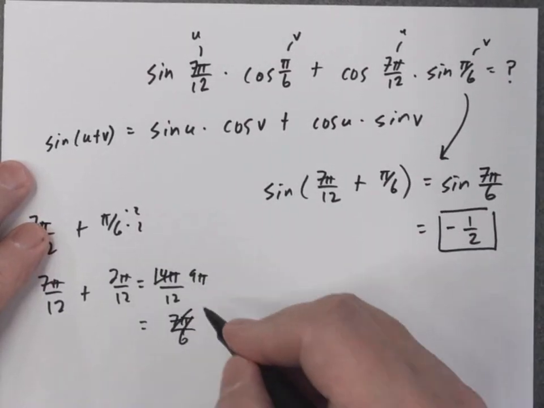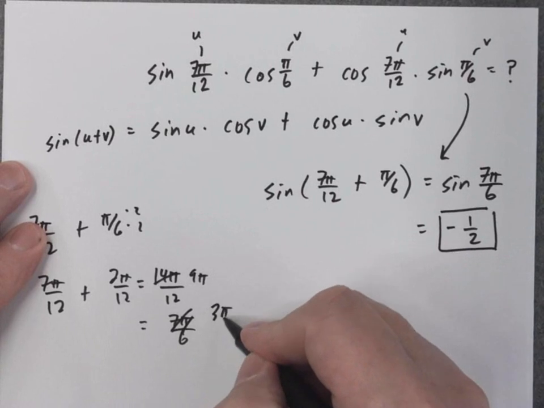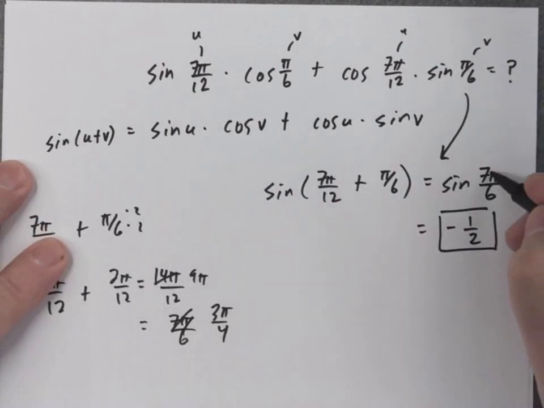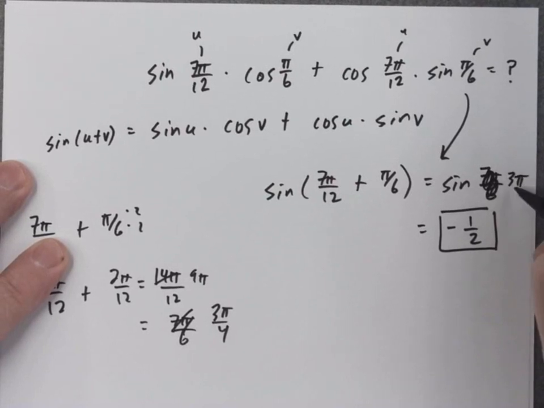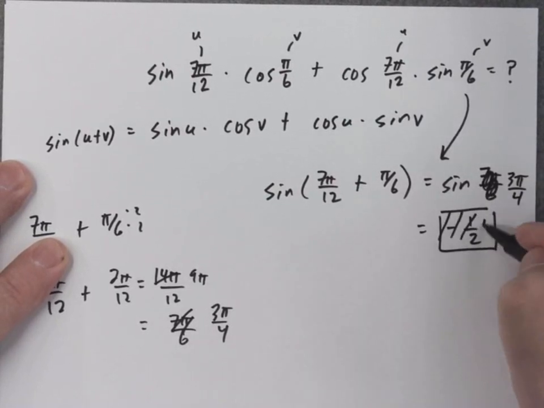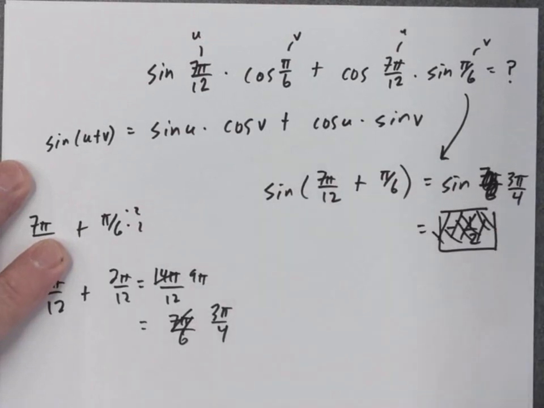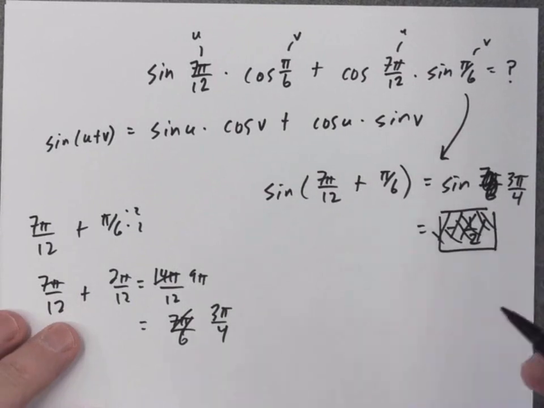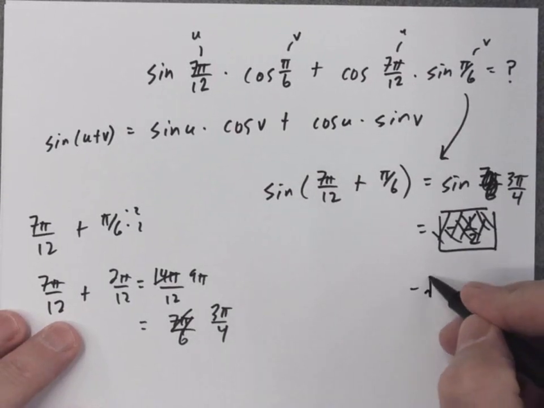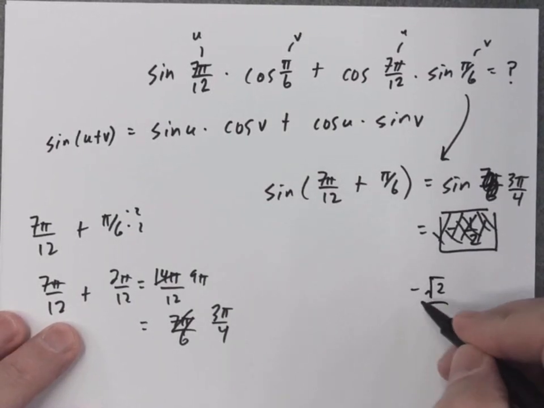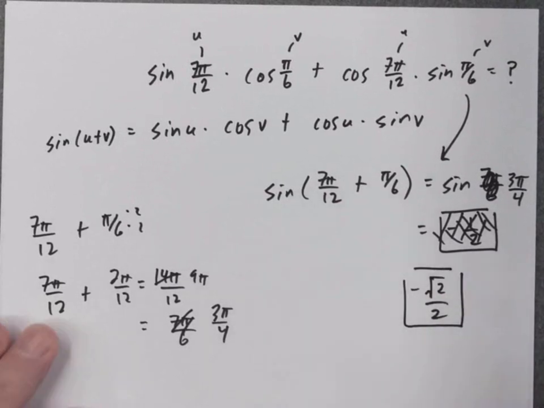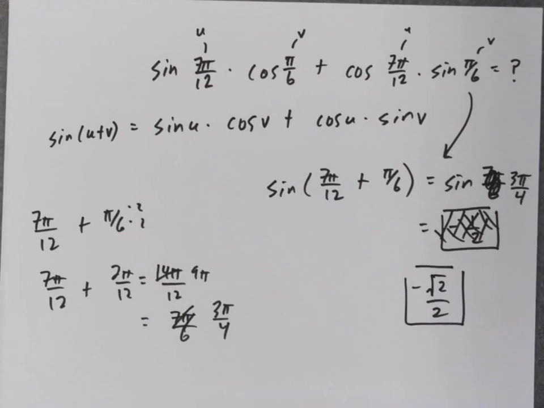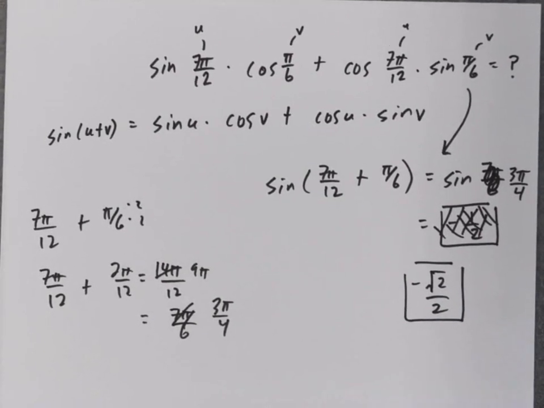So then this reduces down to 3 pi over 4. This just proves even the teachers make silly math errors. Now the sine of 3 pi over 4 is negative square root of 2 over 2. Sorry about that. I'm glad I had the answer here to check, or that would have gone uncorrected.